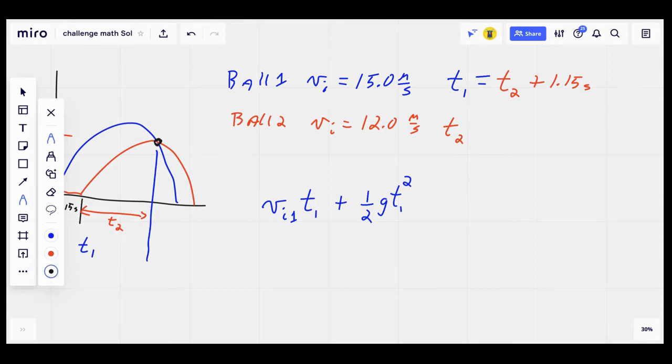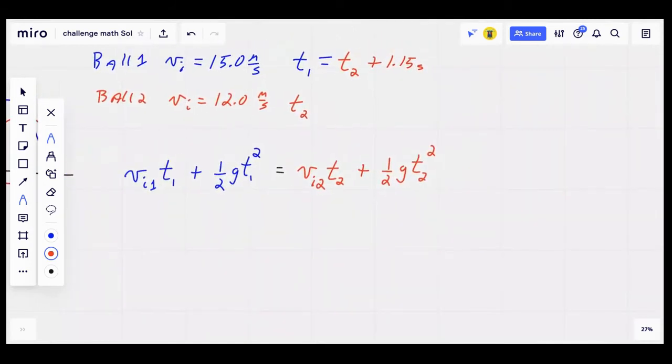Set that equal to the same expression for ball two, which is V initial ball two times T2 plus 1/2 gravity T2 squared.